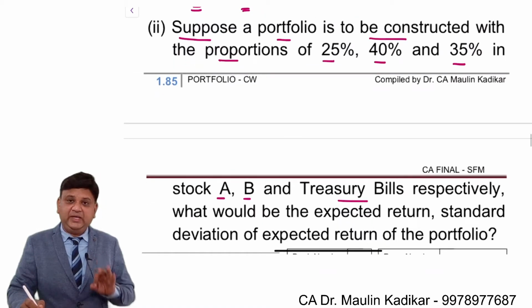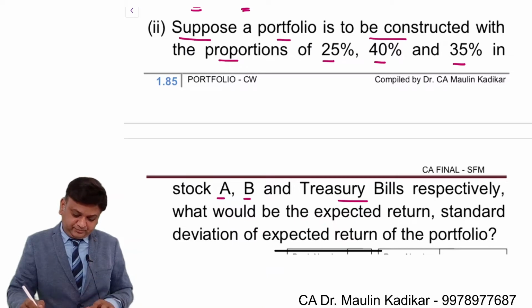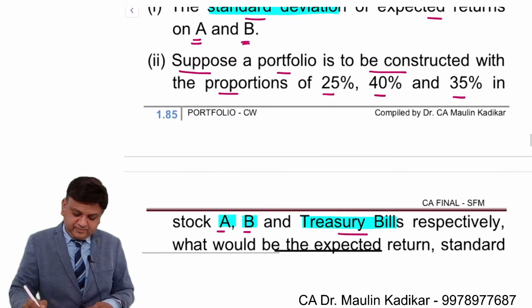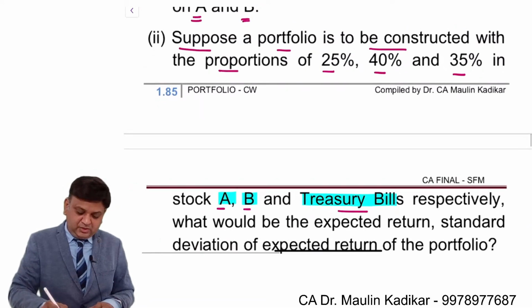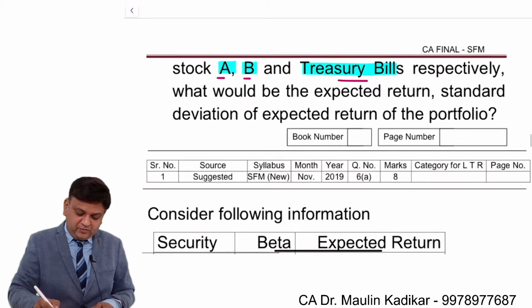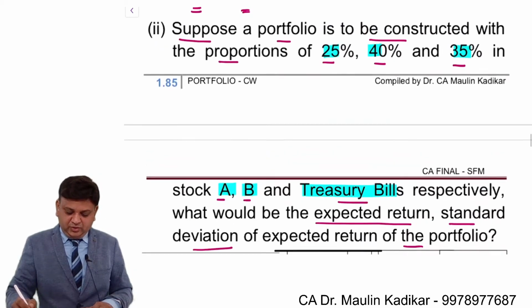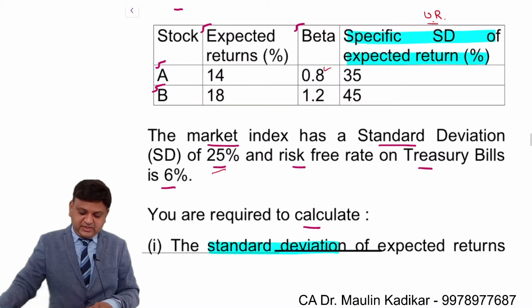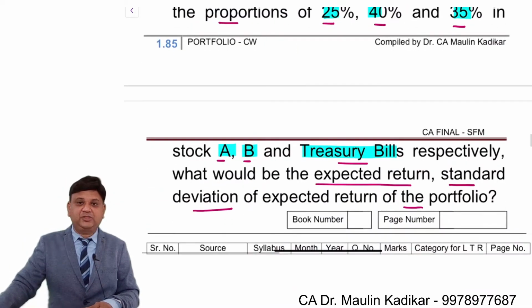So investment is made in three securities, that is security A, security B and treasury bill. What is the proportion? 25, 40 and 35. What would be the expected return and the standard deviation of expected return of the portfolio? That is the question. So we are required to calculate the expected return and standard deviation of that portfolio.